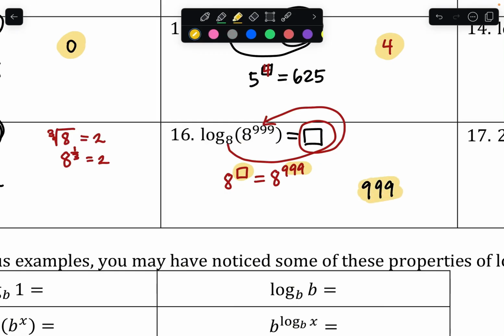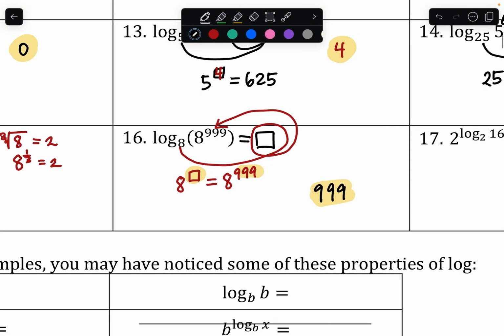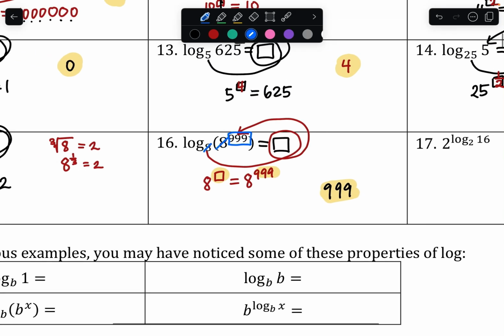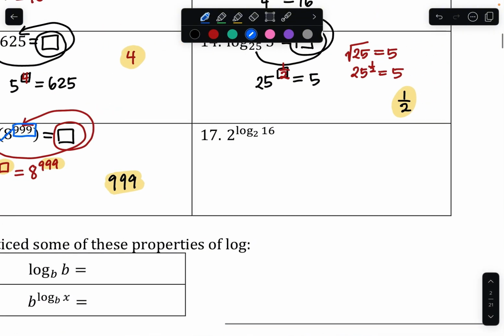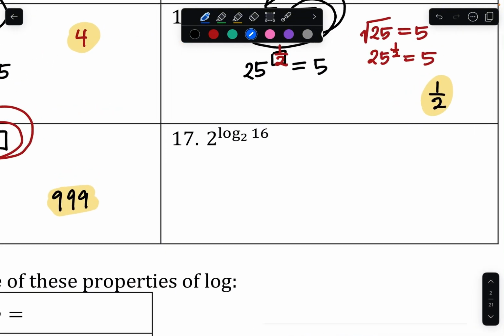Okay, and so that's actually a property of logs. If the base of your log is the same as the base of an exponent inside the log, they cancel out and just leave you with whatever that exponent is. The similar situation happens in reverse. Here I have 2 to the log base 2 of 16.